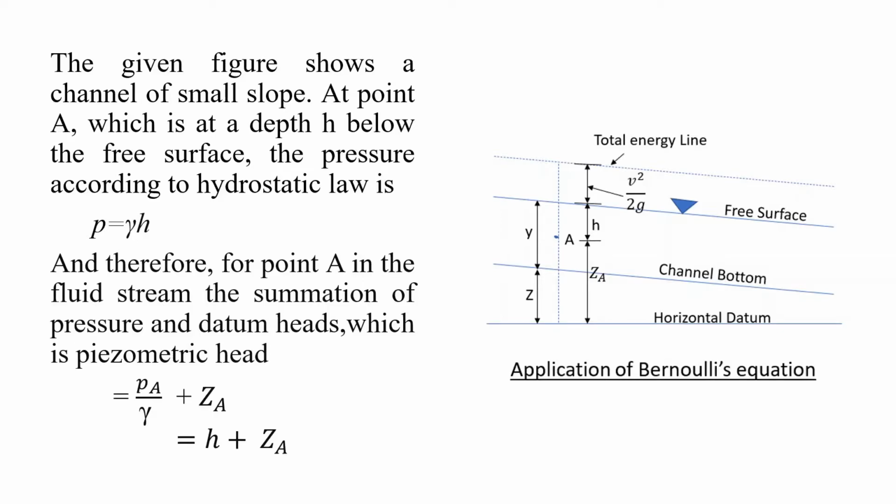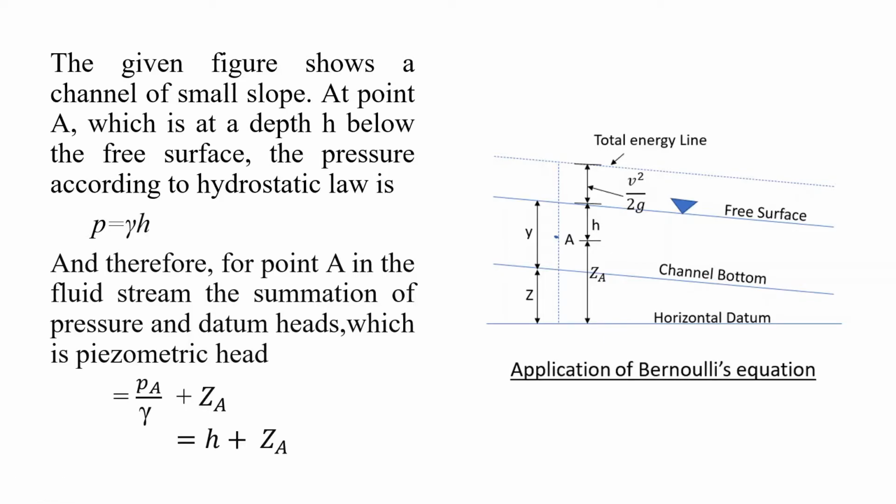Now, the given figure shows a channel of small slope. At point A, which is at a depth of H below the free surface, the pressure according to hydrostatic law will be equal to gamma into H, and the piezometric head will be H plus ZA.